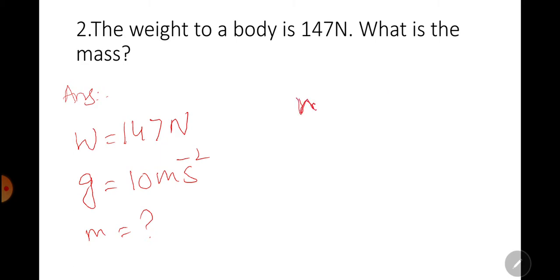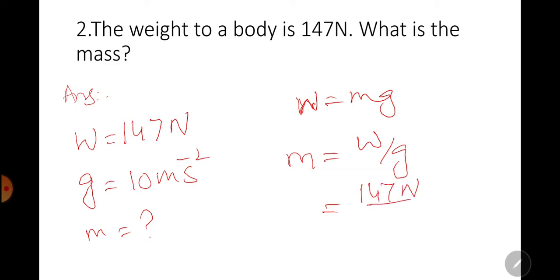W is equal to mg. M is equal to W divided by g. M is equal to 147 Newton divided by 10 meter per second square, which is equal to 14.7 kilogram.